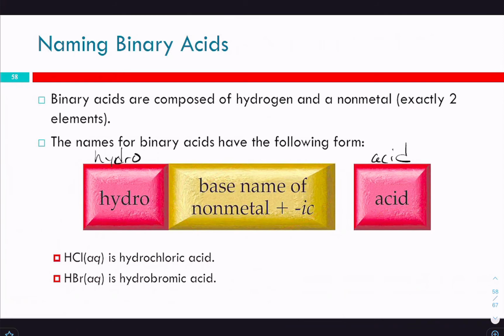And there aren't very many of these. So there's HCl, so it's hydrochloric acid, or hydrobromic acid. You can do hydrofluoric, you could do hydroiodic, and then maybe hydrosulfic acid. That's kind of it.